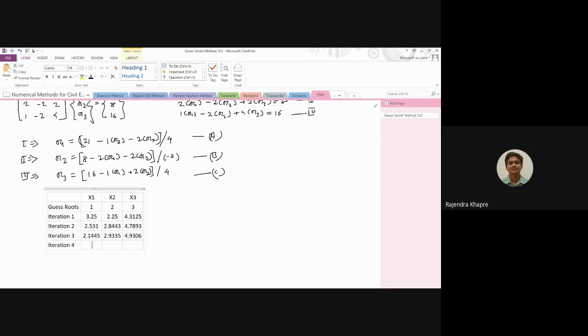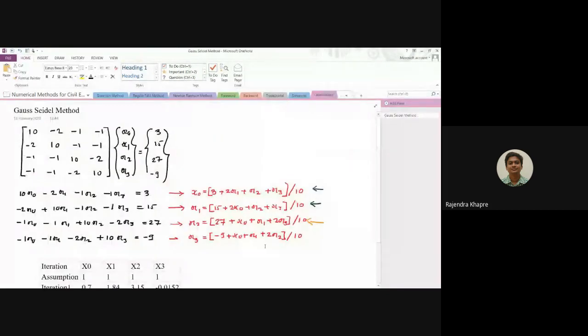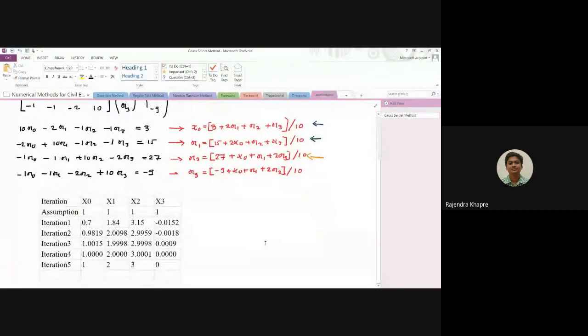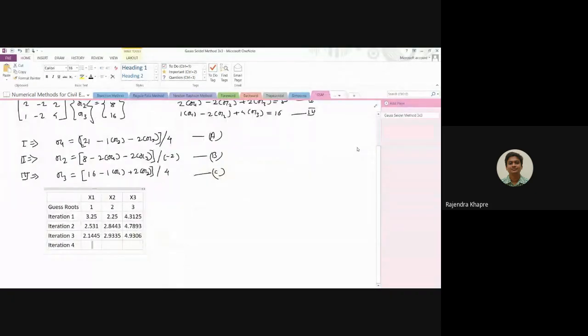So in this problem, although it is a 3 by 3 matrix, the iterations required have increased. In the previous one, I think we went for just 5 iterations. Even after the third iteration we got the answer, isn't it? But this problem is even smaller in size, a 3 by 3.